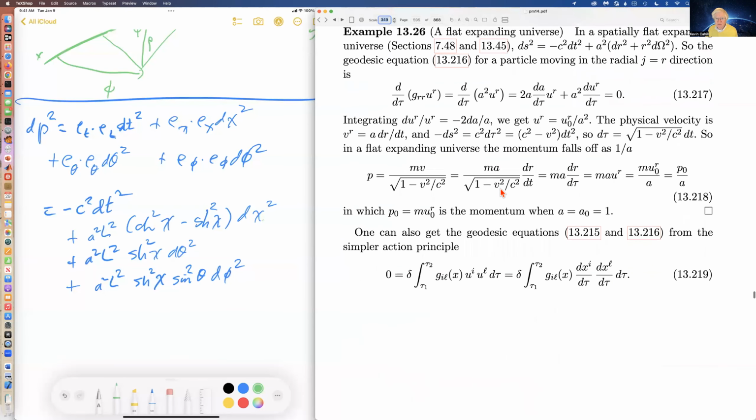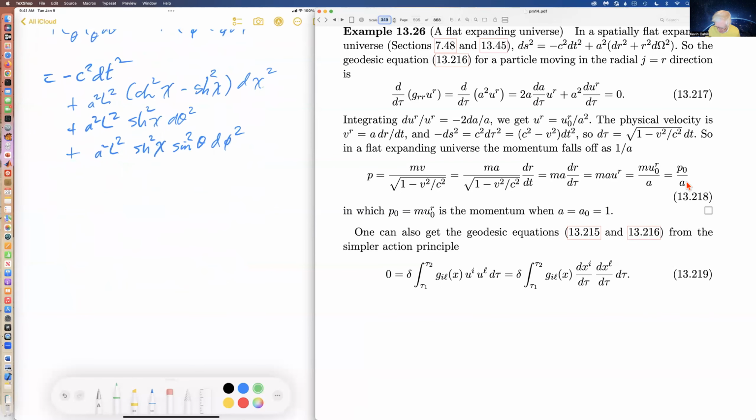And what you wind up with is that the momentum is the original momentum divided by the scale factor. And so this just says that particles in an expanding universe, if they're not acted upon, if they're just moving freely in an expanding universe, their momenta shrink, and their momenta shrink just as their wavelengths expand.